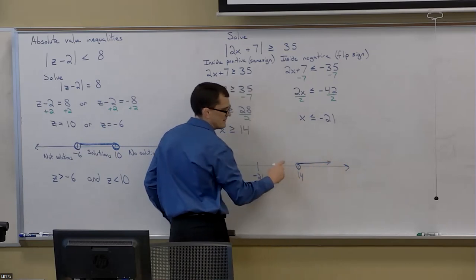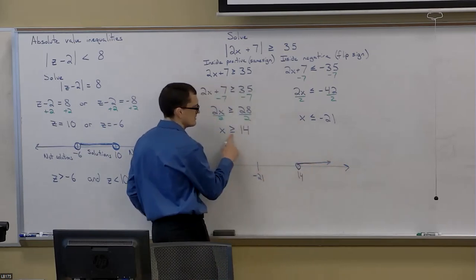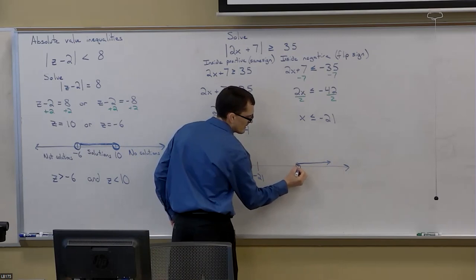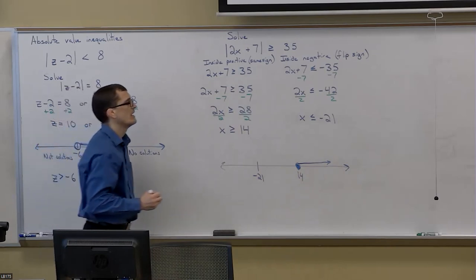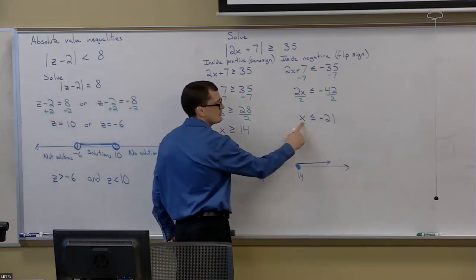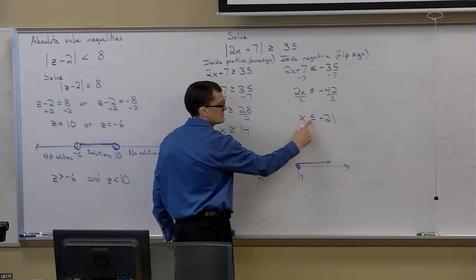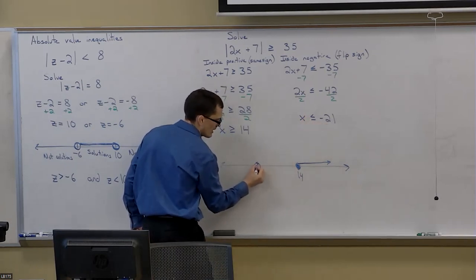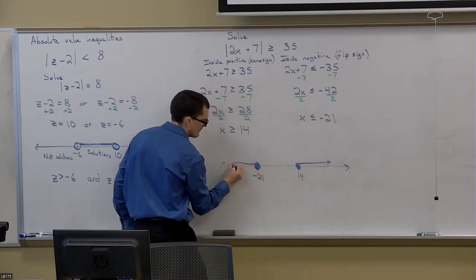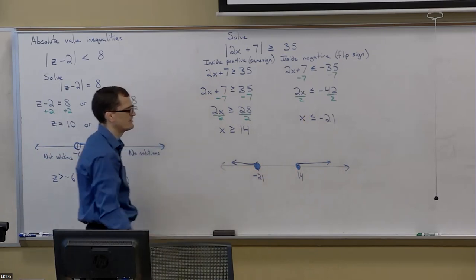Above 14 means I'm pointing to the right. Since we have the equal sign, we fill in that dot. And the section where the numbers are less than or equal to negative 21 also works. Again, since we have the equal sign, we fill in the dot. Since it's less than, we point to the left.